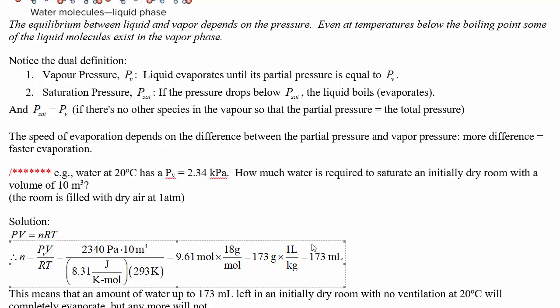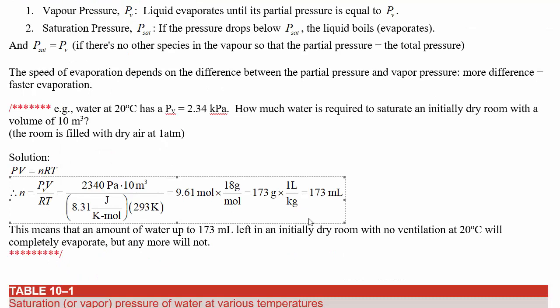So here's the calculation, and you end up with 9.61 moles, or 173 grams, or 173 milliliters of water. This means that an amount of water up to 173 milliliters left in an initially dry room with no ventilation at 20 degrees C will completely evaporate, but any more water won't.